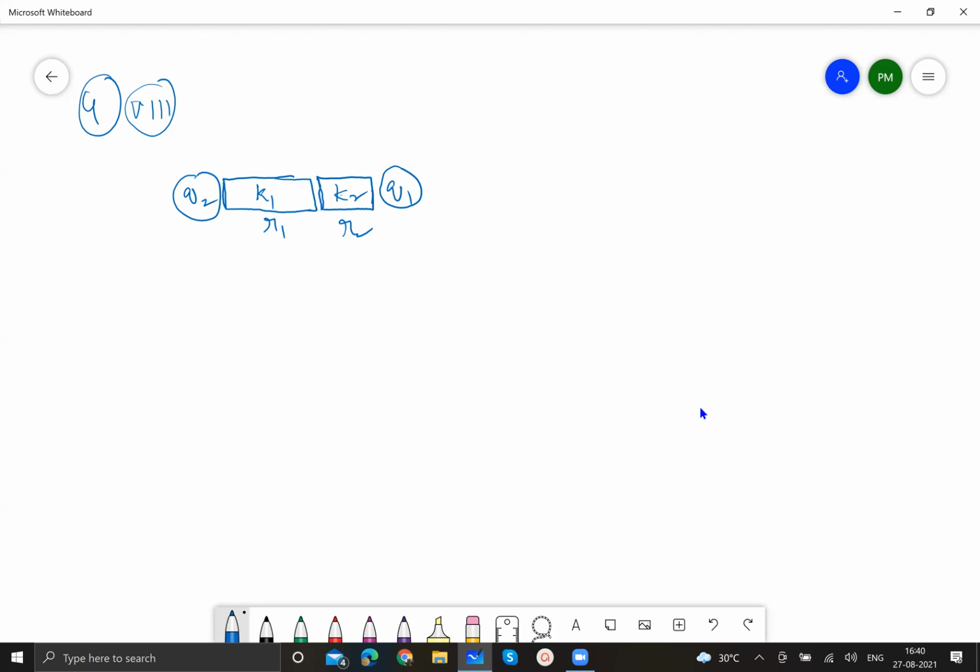Then what is the force between these two charges?